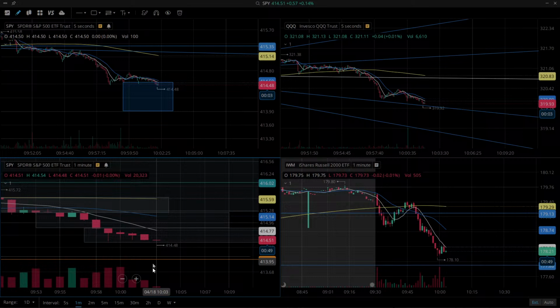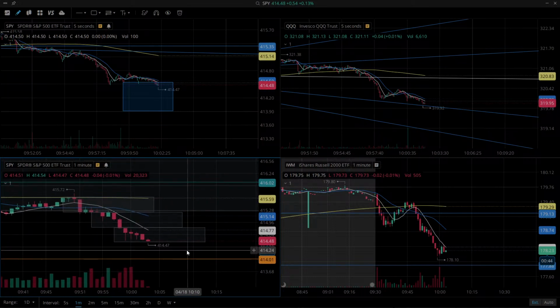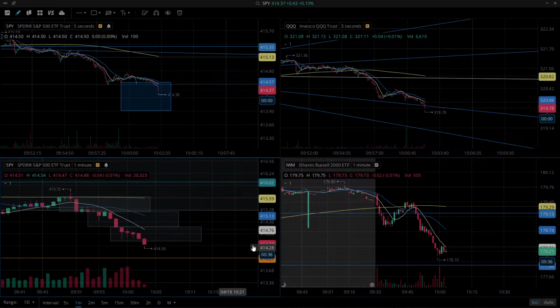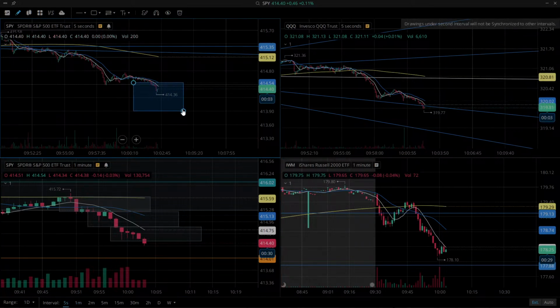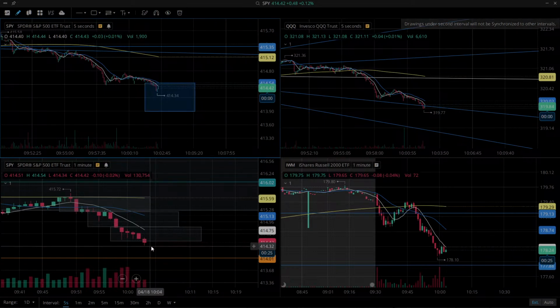Come on, bear side break 418.0 for the 1 minute chart here. 418.0, come on. Go, put side. Here it comes. Yeah, that was a nice 10-second fake out right there.